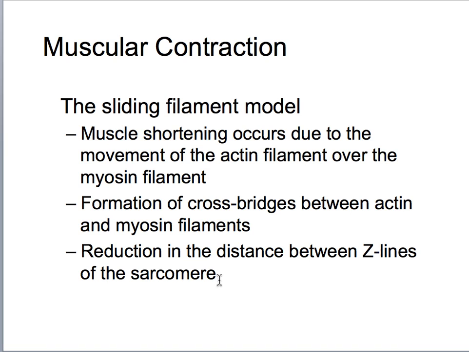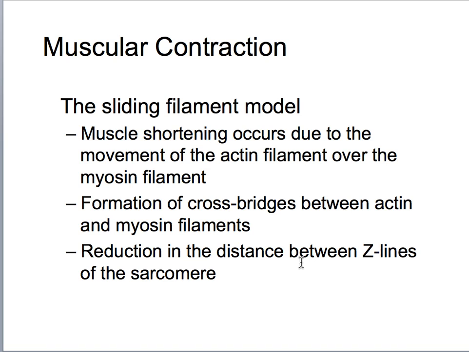So the sarcomere distance is going to decrease. And not because the actin and myosin proteins change length, but because there's a greater overlap. So there's a greater overlap of thin and thick filaments, or of the actin protein with the myosin protein. So the Z line to Z line distance is going to decrease.